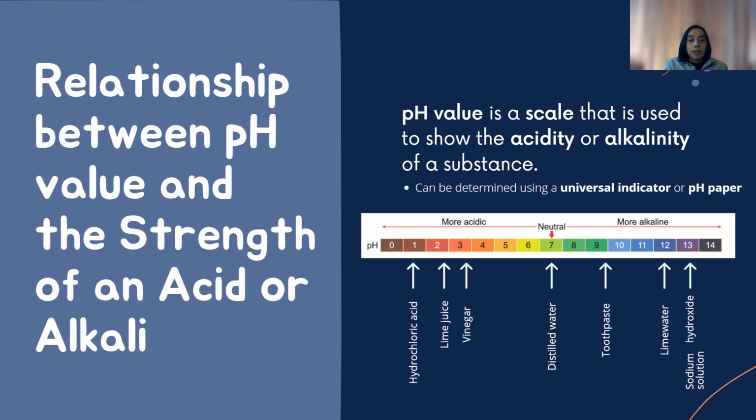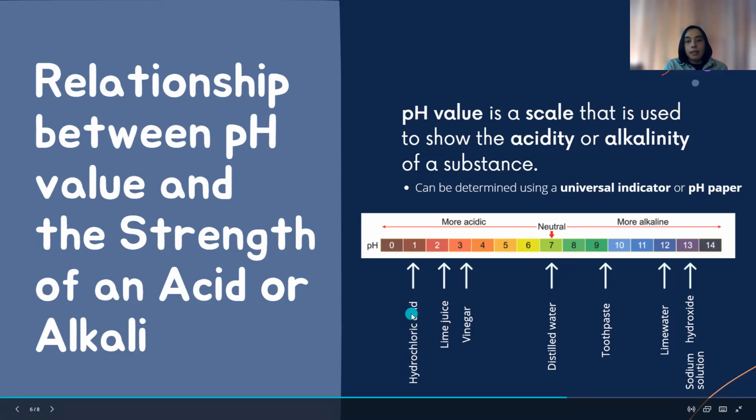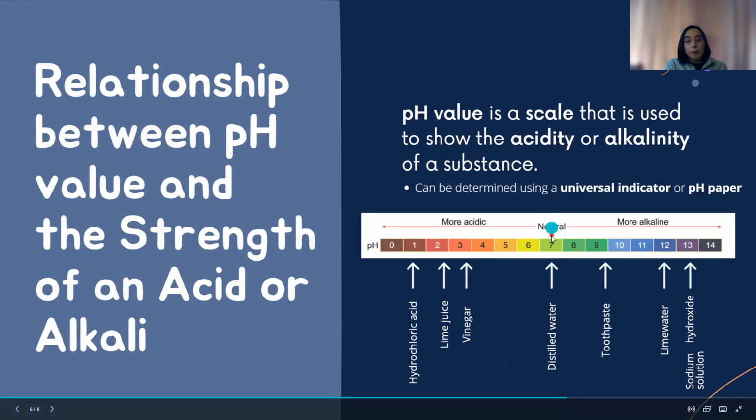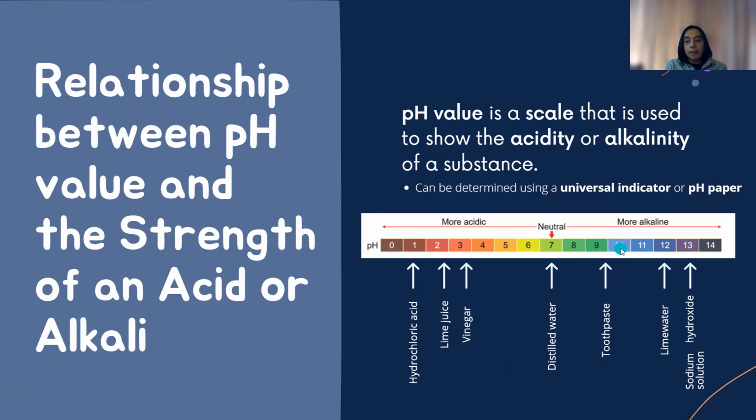So some examples are hydrochloric acid, which is at 1, a strong acid. Then we have lime juice, which is at around 2 and 3, and we have vinegar between 3 and 4. And we have distilled water, which is a neutral substance. And we have toothpaste, which is alkaline, between 9 and 10.